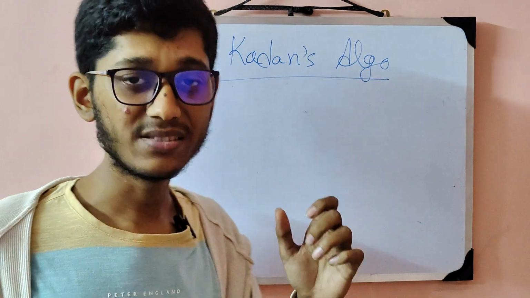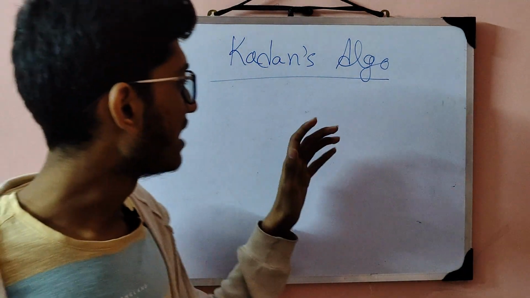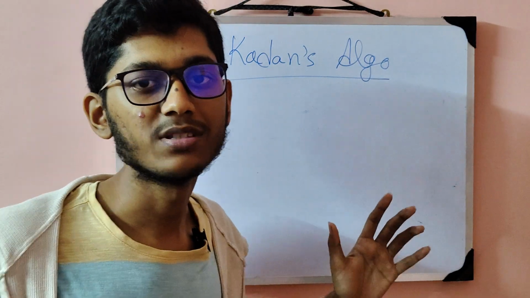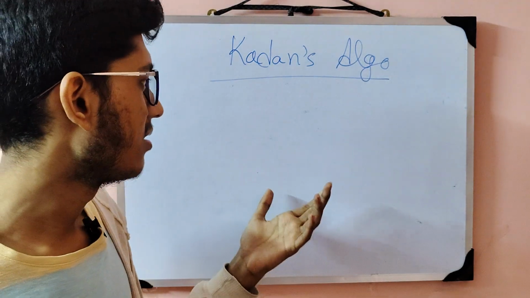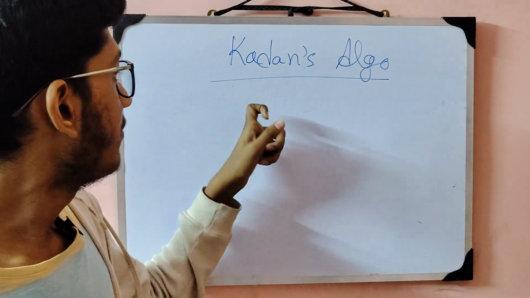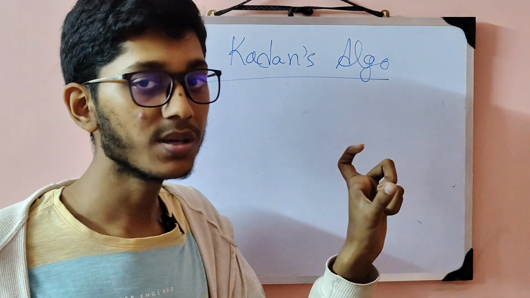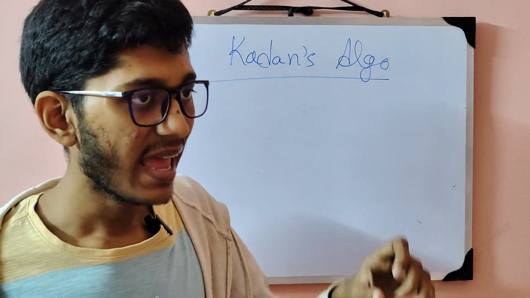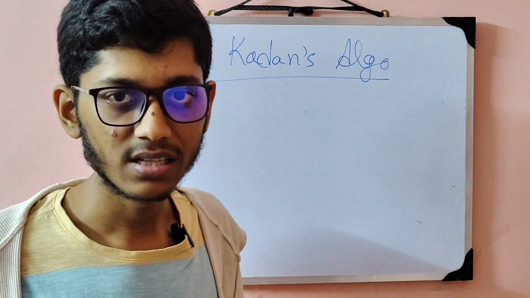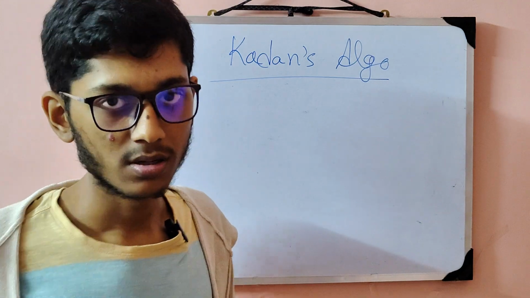This algorithm is very handy because in a contest or in an online assessment or coding round, if you can remember this algorithm, finding the maximum subarray sum will be very easy, and its modified versions get used very much.